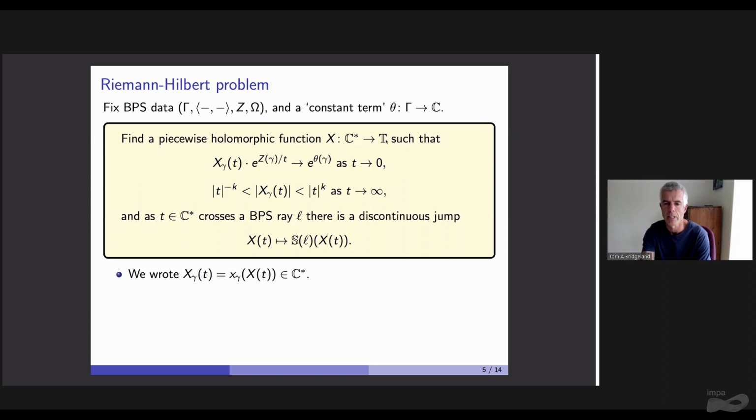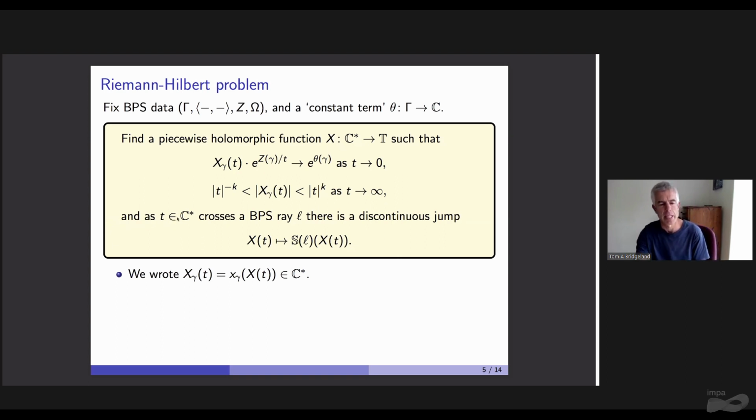Remember, this is just some C star to the n. And it's a function of t in C star. And there is some prescribed behavior as t goes to 0 or t goes to infinity. We'll come back to that in a second.